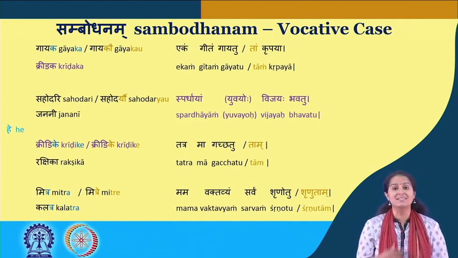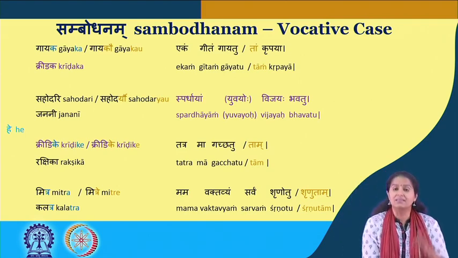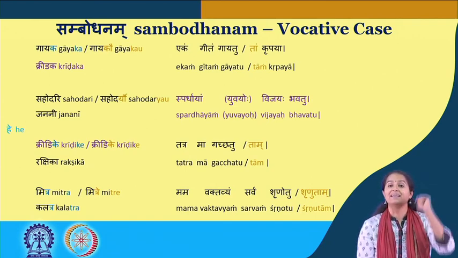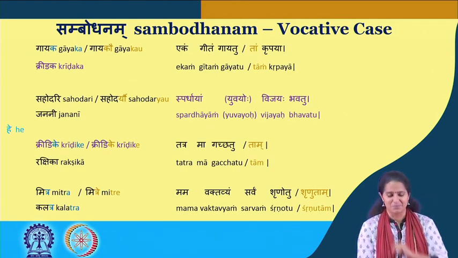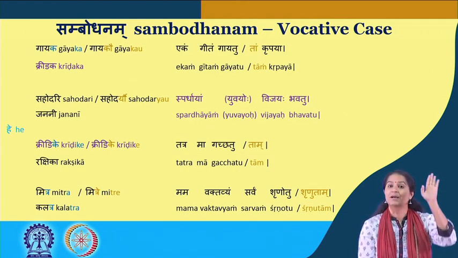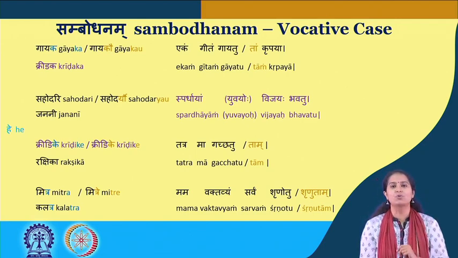Uttamam. Moving on, Sahodari becomes Hey Sahodari Tatra Ma Gachatu. So don't go there. Two of them, Hey Sahodaryau Tatra Ma Gachatam. Uttamam. Janani becomes Hey Janani Tatra Ma Gachatu, and if there are two of them, Hey Jananyau Tatra Ma Gachatam.